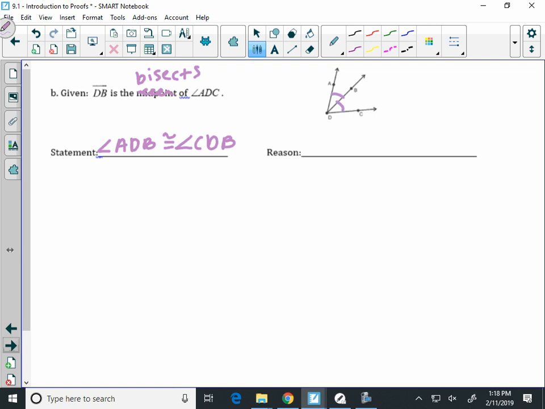And bisects, that's a vocab word. So our reason's going to be definition of that vocab word. By knowing the definition of an angle bisector, I know this is true. So that's my reason. That's what backs up my argument. And I'm going to abbreviate definition. Definition of a, what type of bisector is this? Angle bisector. Angle bisector.